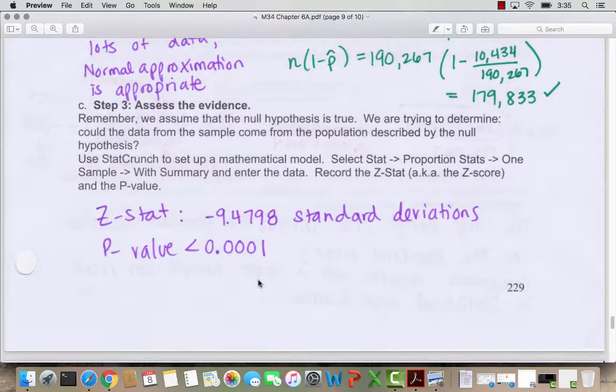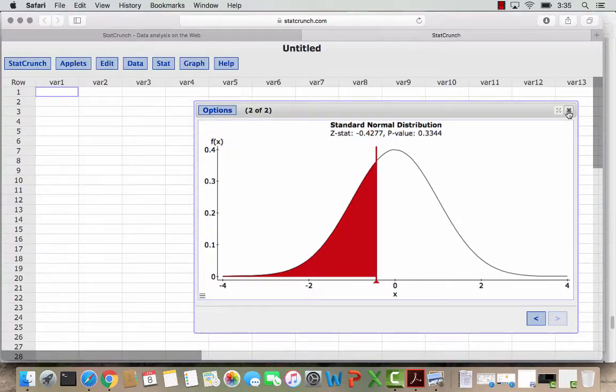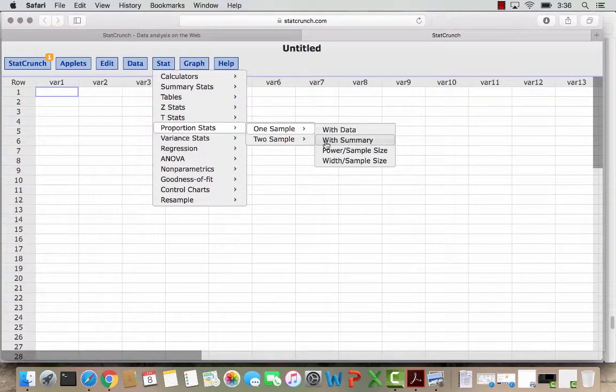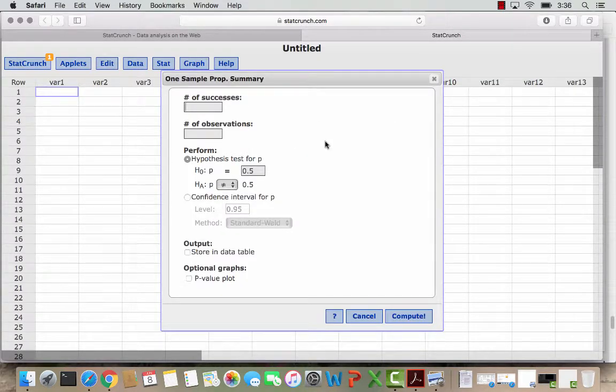So now we're going to go into StatCrunch and set up a mathematical model and see how it works out. So I'm going to go again to Stat, Proportion Stats, one sample, and then with summary. And my number of successes, which is the number of weapons offenses, is 10,434.